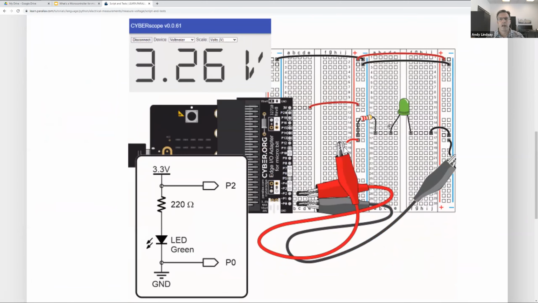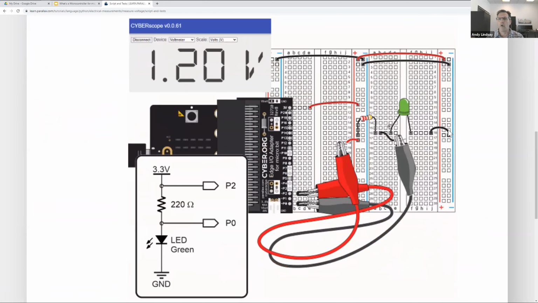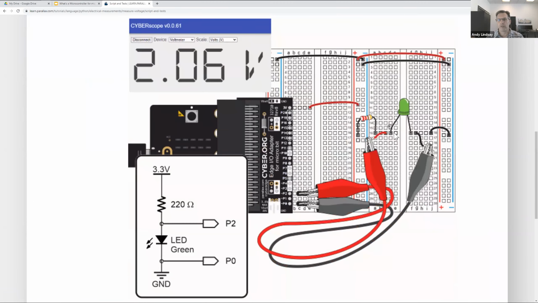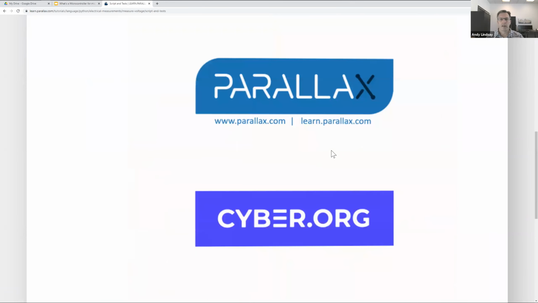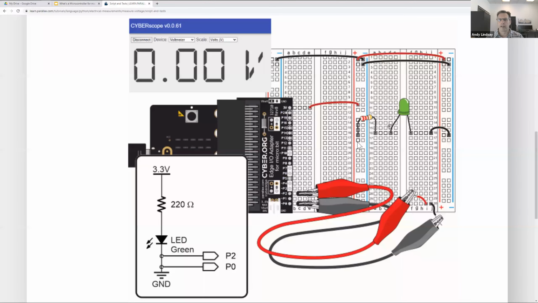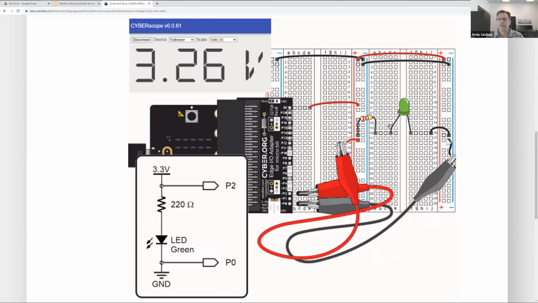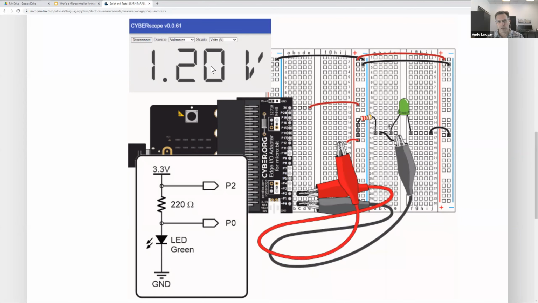And so the idea here is that you can take measurements like this across the whole circuit. And now we're measuring only across the resistor. There's a smaller voltage. Then we're measuring only across the light emitting diode. That's also a smaller voltage. And then after that, when we go back and measure the voltage across the entire circuit, it turns out that the voltages of the parts add up to the voltage across the whole thing.